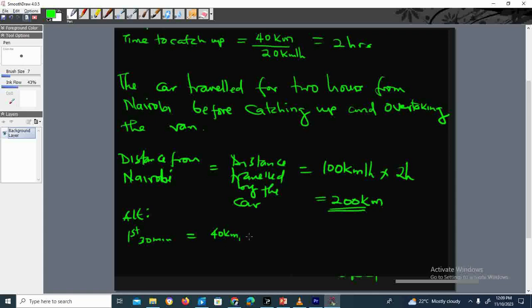So it also covered a distance of 80 kilometers per hour, its speed, multiplied by the 2 hours, and this is going to give us 160 kilometers. If you add this 160 kilometers and this 40 kilometers, it will still give you these 200 kilometers. That is another alternative way.